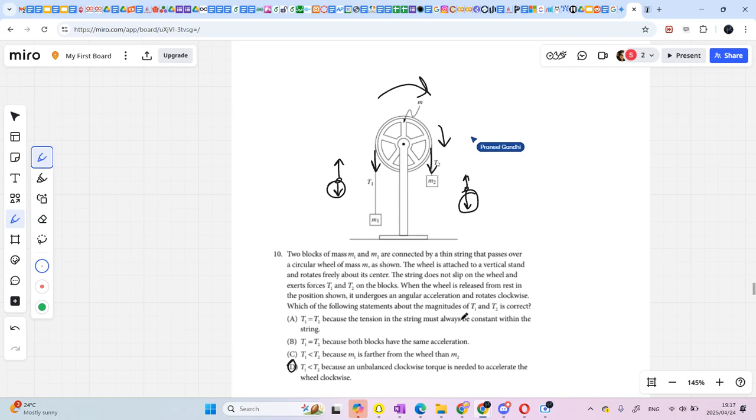And the tension on the string, so the whole system is accelerating. So the string experiences an acceleration. And so there has to be a force acting on the string itself. And so that force is the tension that causes it to accelerate.